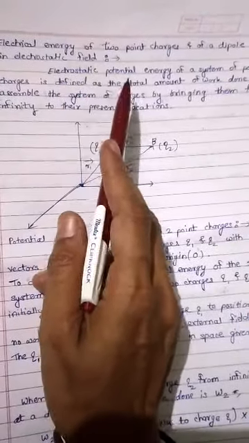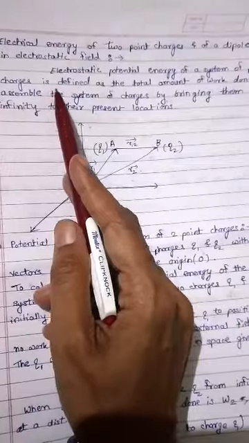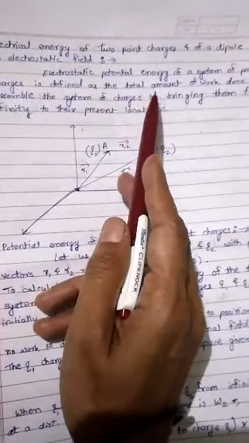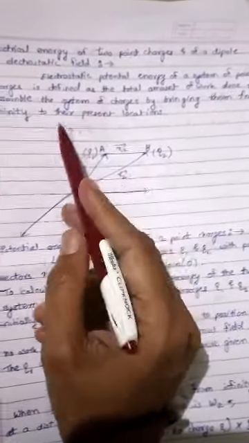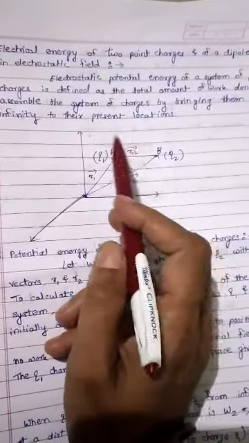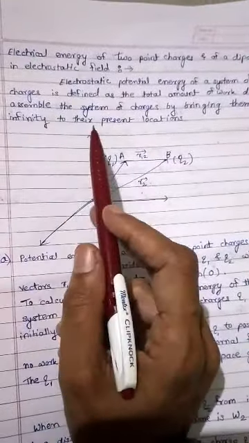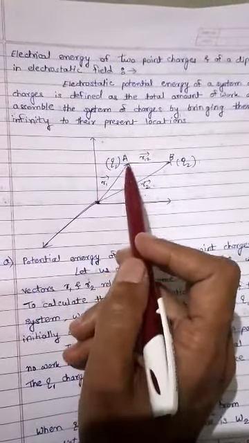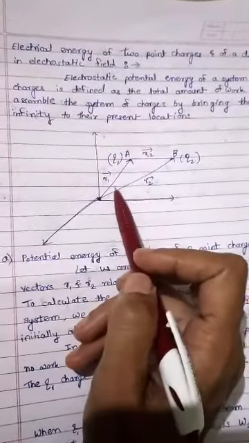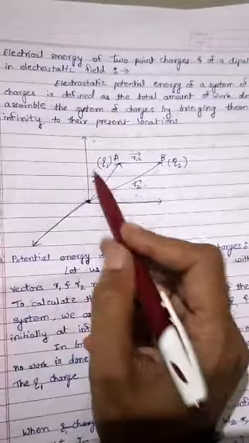The electrostatic potential energy of a system of point charges is defined as the total amount of work done to assemble the system of charges by bringing them from infinity to their present locations. So see this figure first.